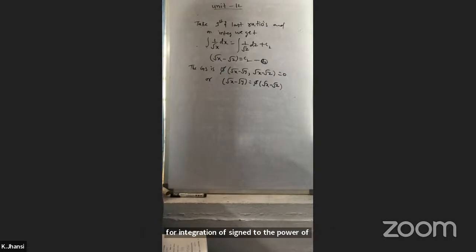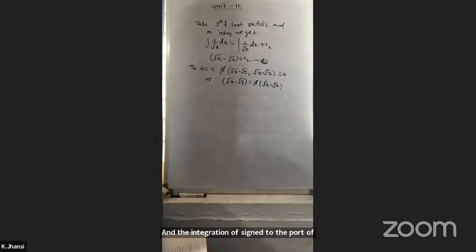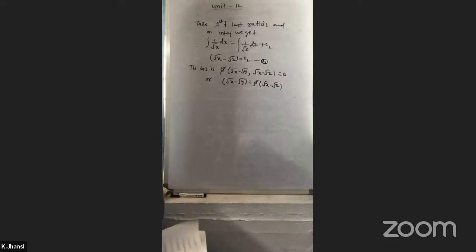This you will get for the objective type of question. Formulas also they will ask, okay. And integration of sine to the power of 4x dx is there, no? Okay, next second unit.